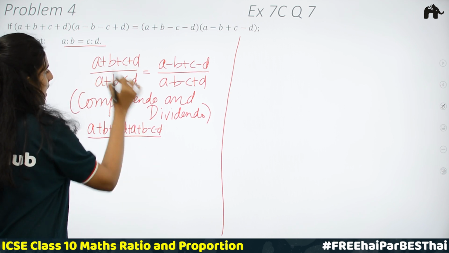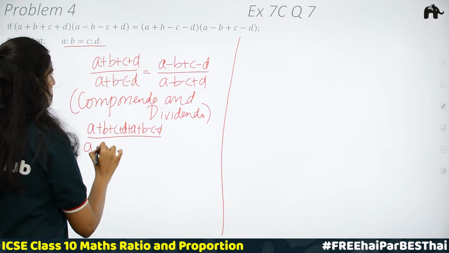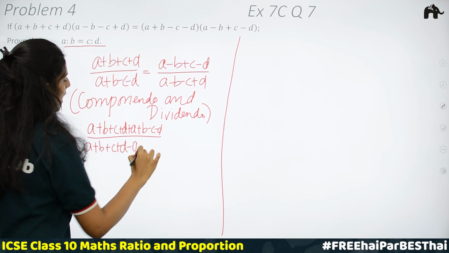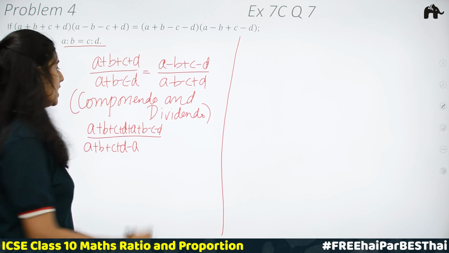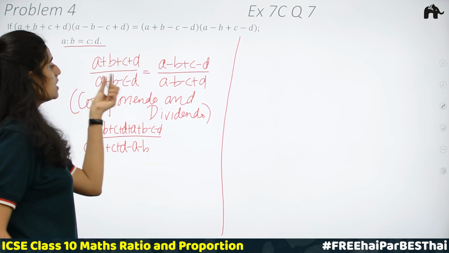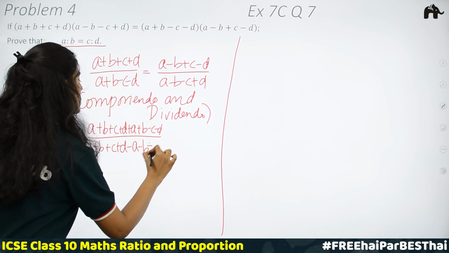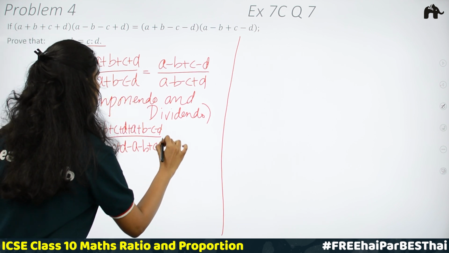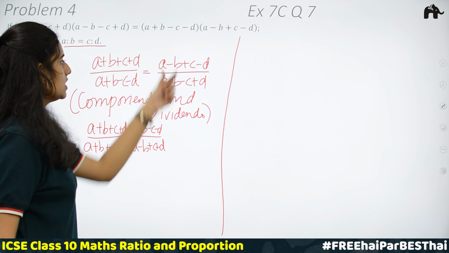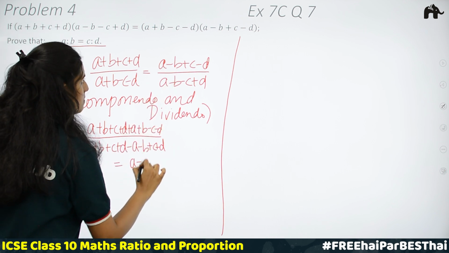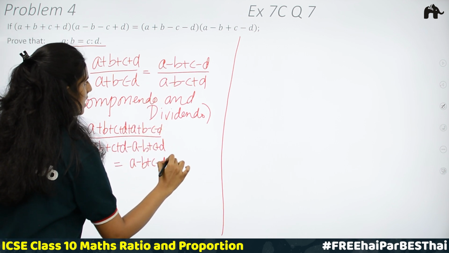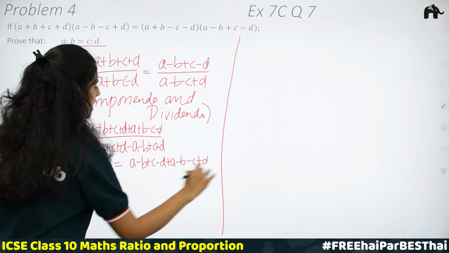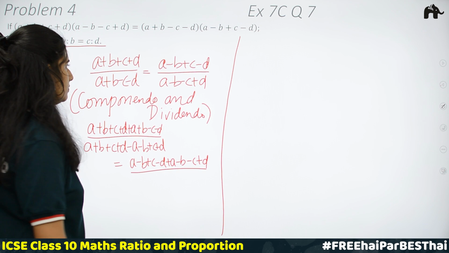Here this is a and this is b. a plus b plus c plus d minus a minus of plus b minus b minus of minus c plus c minus of minus d plus d is equal to, now this part, a minus b plus c minus d plus a minus b minus c plus d divided by.